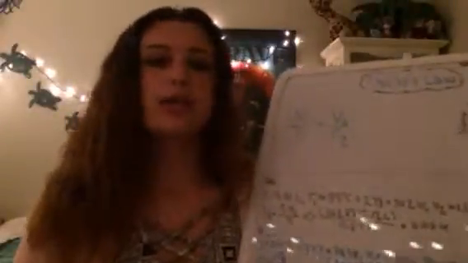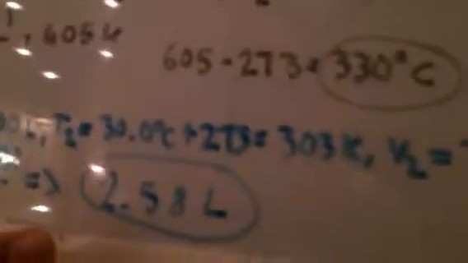And if you calculated that out, you would get 605 kelvins. You may think you are done. Unfortunately, you are not because they gave you this in Celsius, so you need to convert it back. So all you have to do is subtract 273, getting a final answer of 330 degrees Celsius.